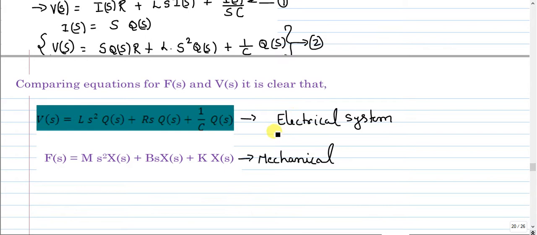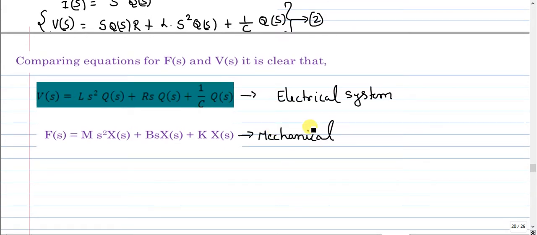So now you can see the comparison under force voltage analogy. You can clearly notice that we have written it in the same form, s into q of s into x of s, q of s.